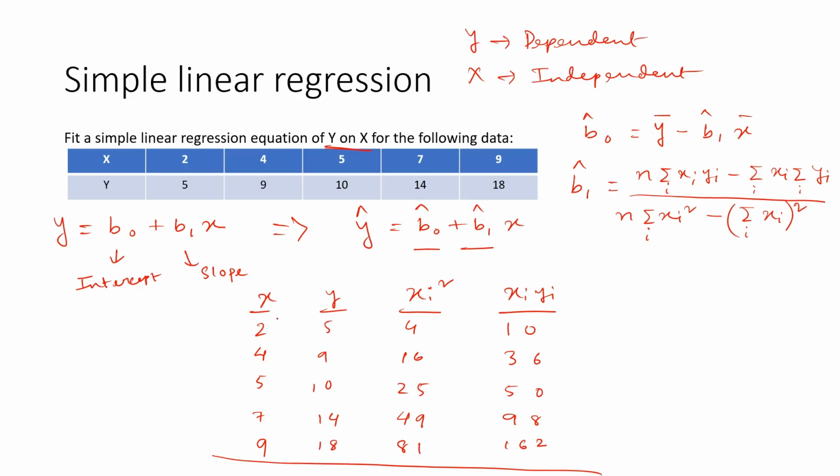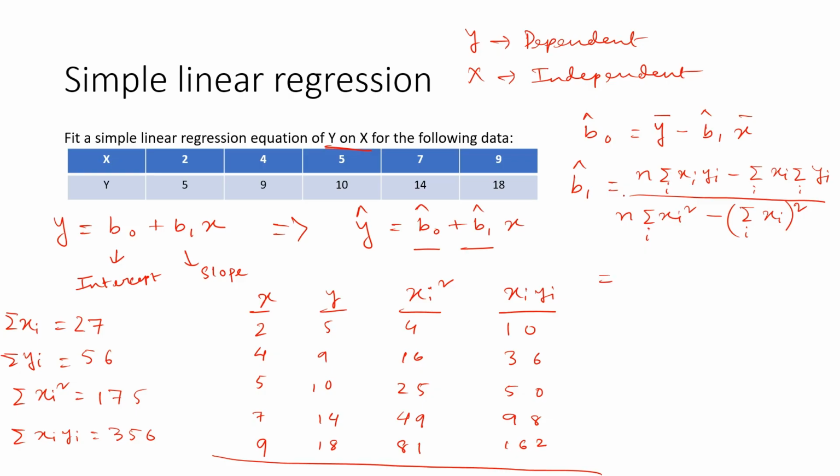If we take the total of all these observations, that is summation of x, summation of y, summation xi square and summation xi yi, then summation xi is 27, summation of yi is 56, summation of xi square is 175, and the total of xi into yi is 356.